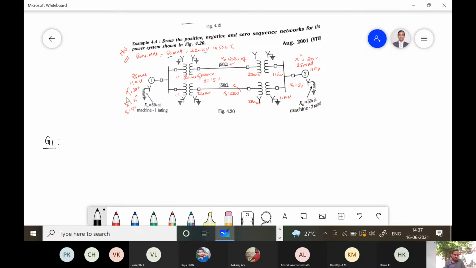So obviously the base kV of the generator is also equal to 11 kV only, because 220 into 11 by 220 gives 11 kV only. The base voltage of generator 2 also remains 11 kV only. Okay, those are the base voltages.